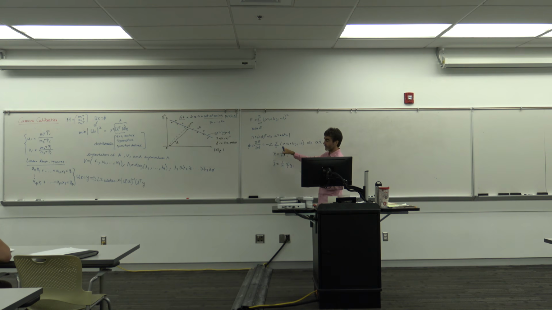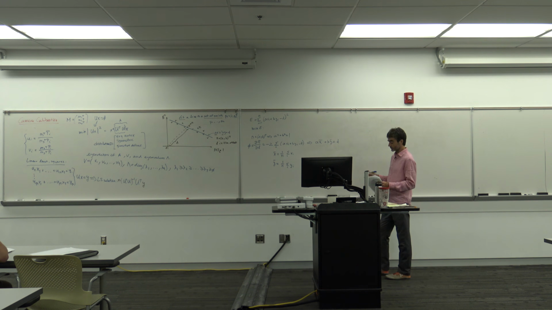So I'm putting this inside. So this is going to be equal to this. A x bar plus b y bar minus d equals 0. I'm just going to move d to the other side. So equals d. Okay, good.